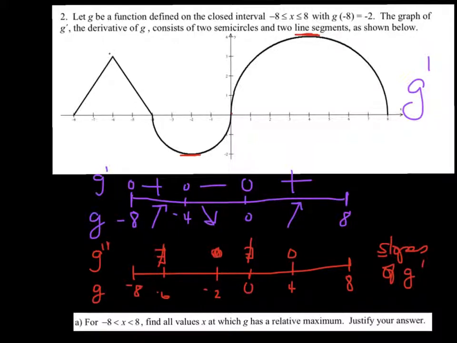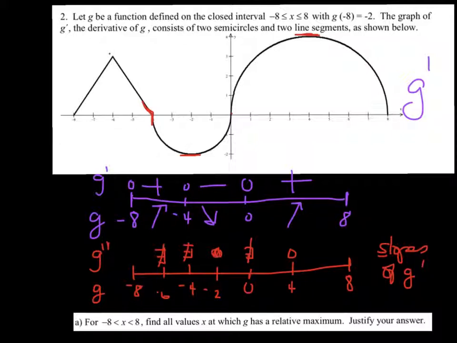Looking at my graph, I have one more place where the slope is undefined, where there is a peak or a kink, and I can see that that happens right here, at -4. Again, I have a kink that occurs in my graph, and that's another place where the slope is undefined.